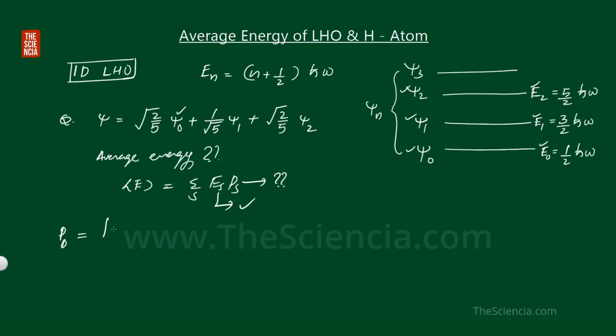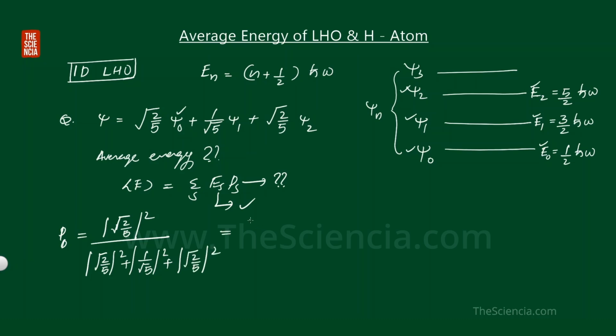That is mod square of root 2 by 5 divided by mod square of root 2 by 5 plus mod square of 1 by root 5 plus mod square of root 2 by 5.